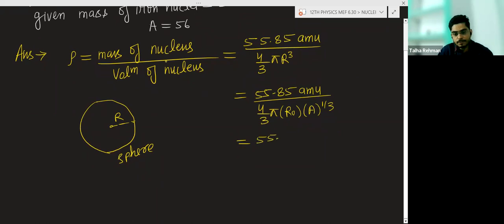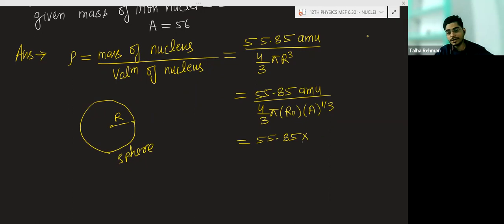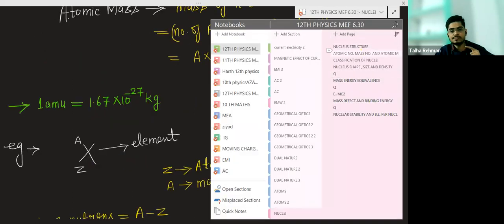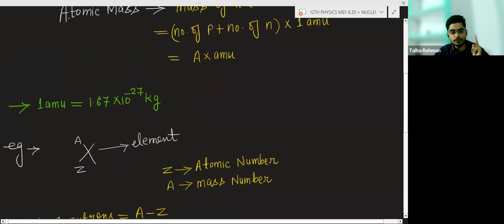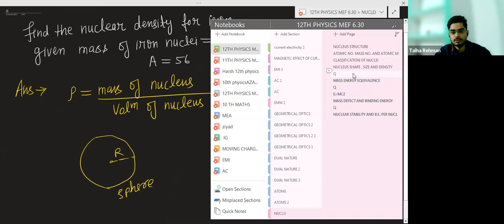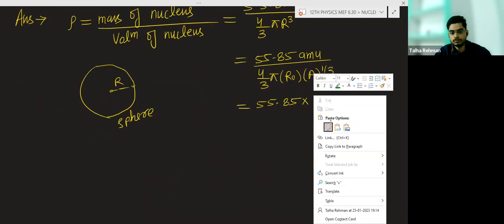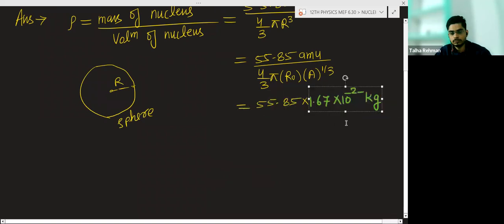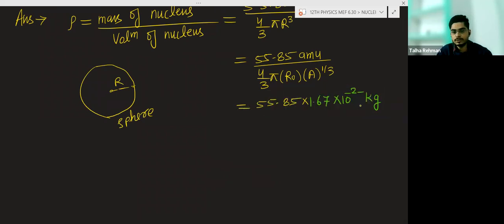It will be 55.85, and 1 AMU is equal to 1.67 into 10 to the power minus 27 kg. So put this value here, 1.67 into 10 to the power minus 27 kg.